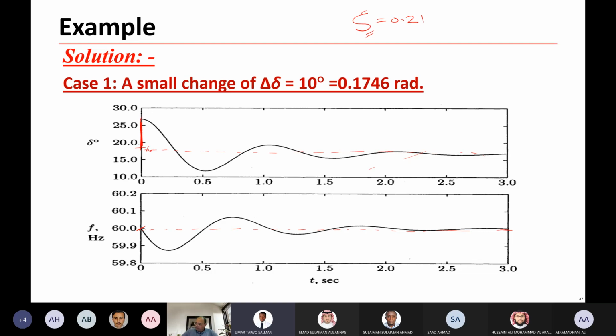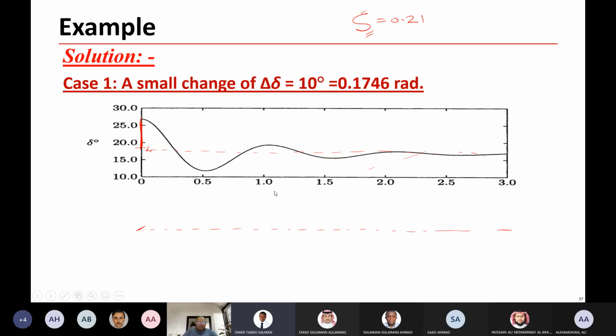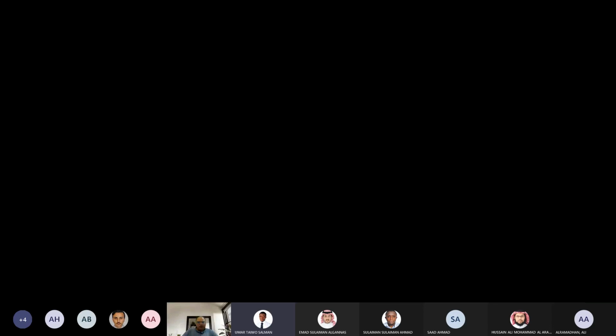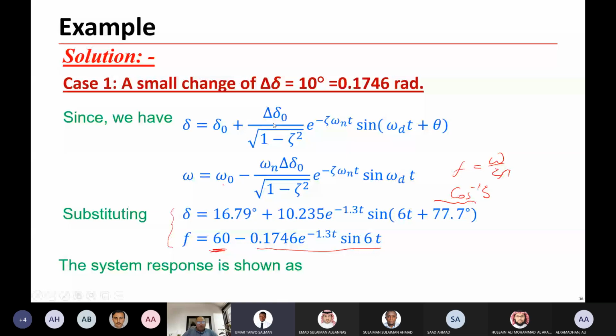I mean, the damping equation. What's the significance of those equations? These equations? Yes. This is the response. The last two response equations like this. These are the responses. Yes.